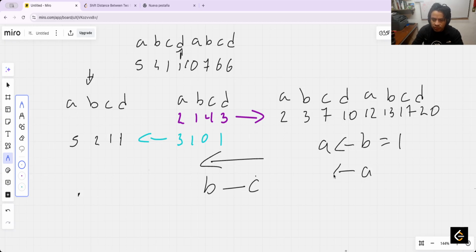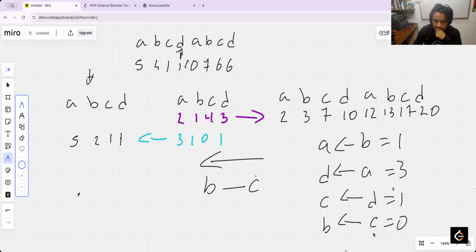Now A goes to D. And the cost is, sorry, B to A, now here is 3. Now here the cost to move D to C is 1. And the cost to move C to B is equal 0. In this case it is 5.